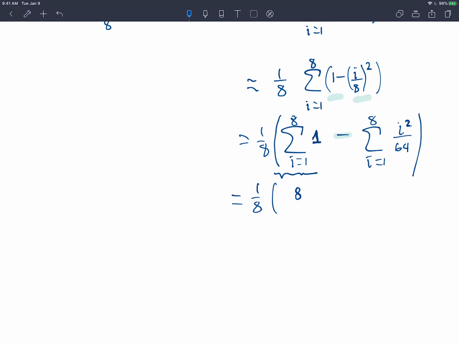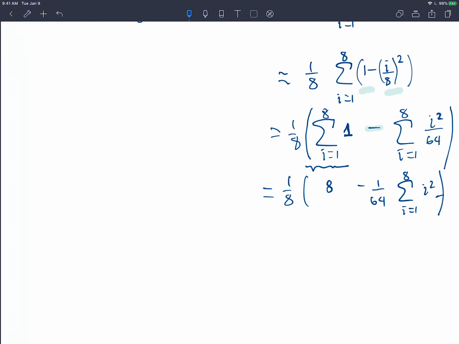Now on this side, I have something else I can do. The 64 is constant, so I can bring it outside like we did before. And I am adding the i squareds. Okay, so when I get to this point, it looks like we're stuck. We could find out what each i squared is and add them together, but we don't have to if we know this formula.